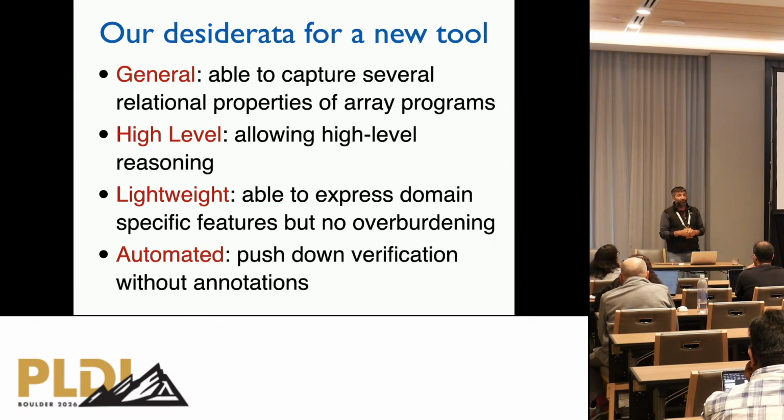We would like to have a method that is general, which is able to capture, for example, all the properties I mentioned before, but is also reasoning at a high level, similar to the previous talk, reasoning with types, for example. That's what I mean by high-level reasoning.